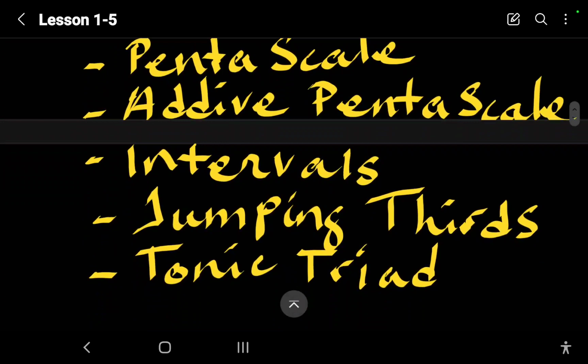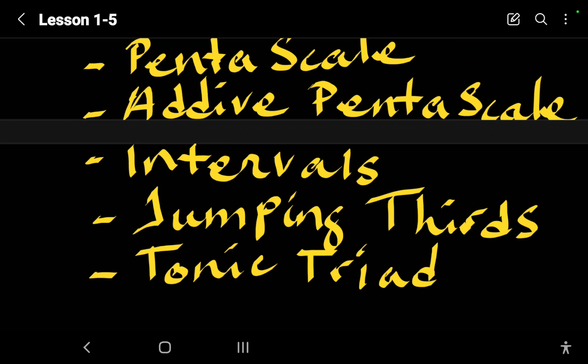Next we have the intervals, which is what I was starting to do. So the intervals, this is when you would do do, re, second; do, mi, major third; do, fa, fourth; do, sol, fifth. So that's what those are.